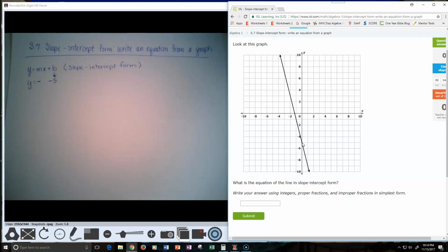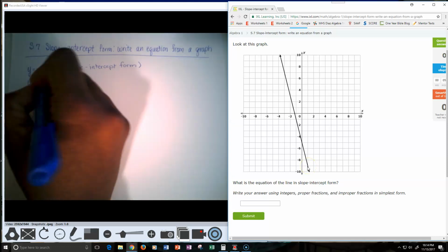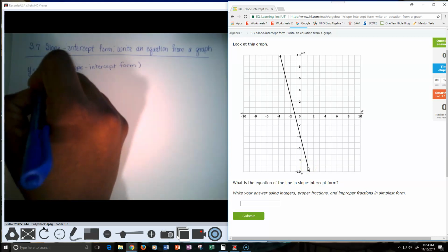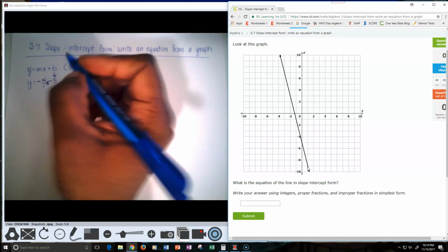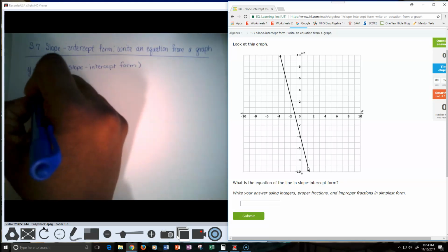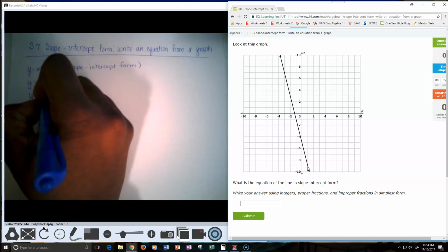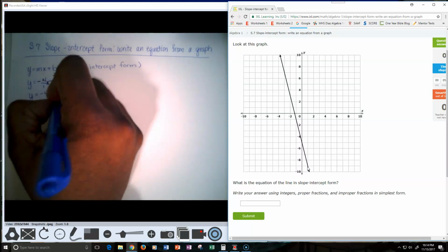So if I count down, I would go 1, well, that doesn't work. 2, that doesn't work. 3, that doesn't work. 4, over 1. So we were looking at this point right here. So our slope would be -4 over 1, and then we would put the x behind it. So it would be -4x minus 5.